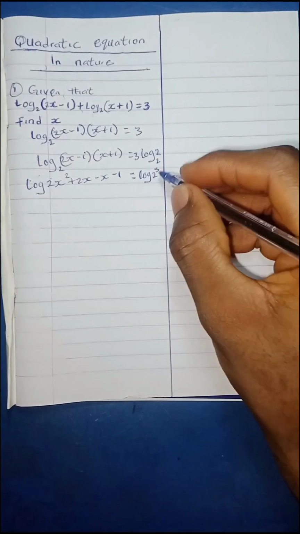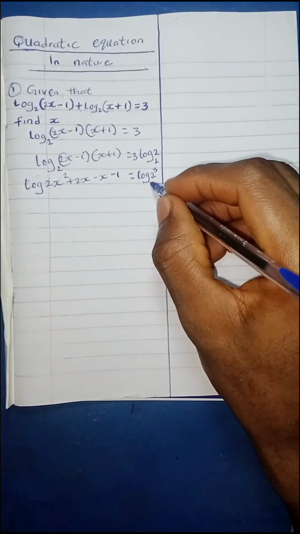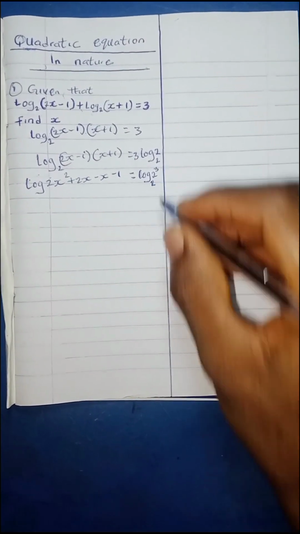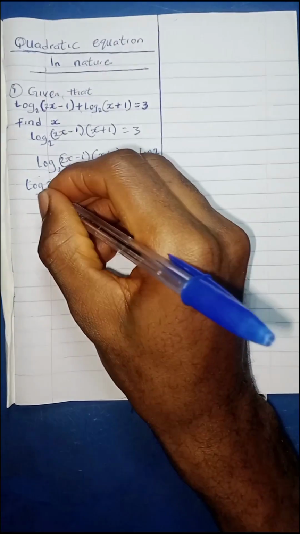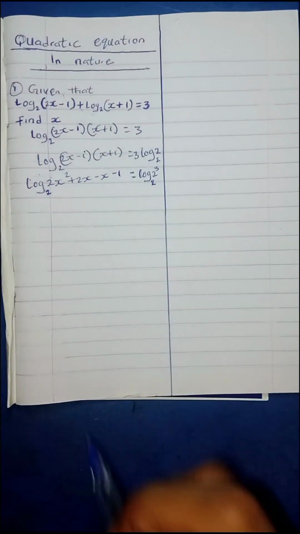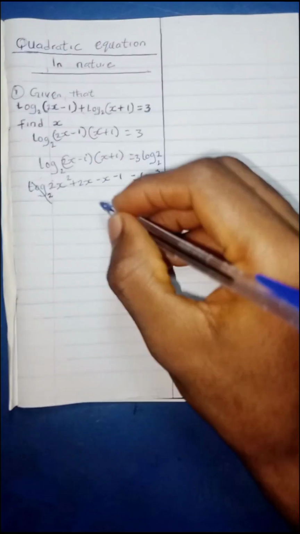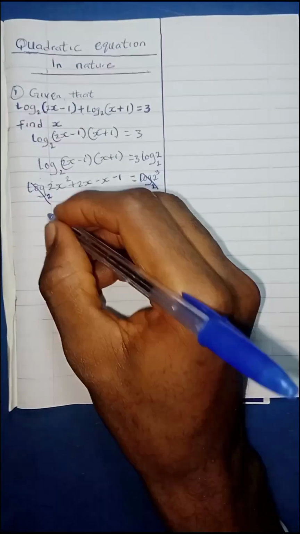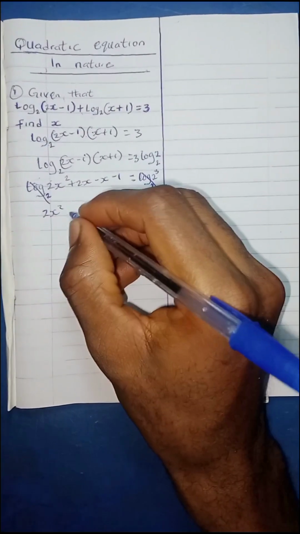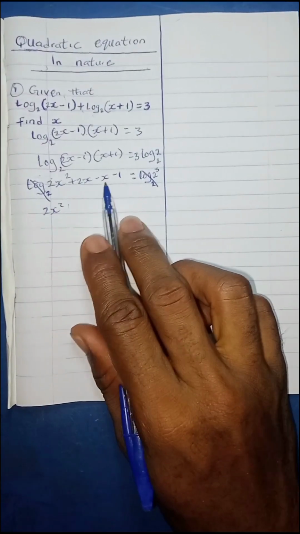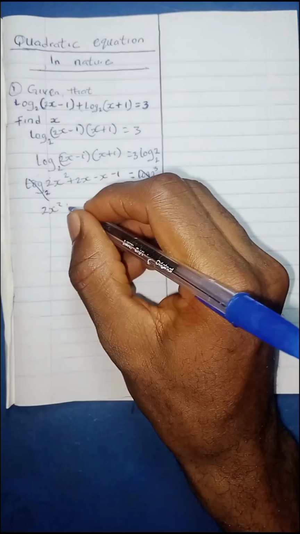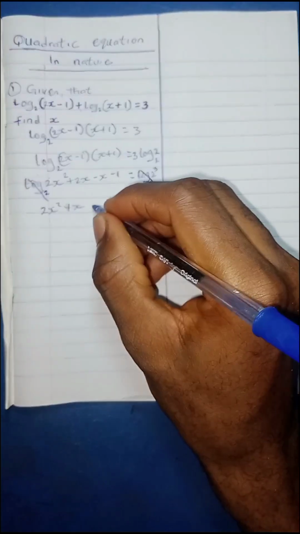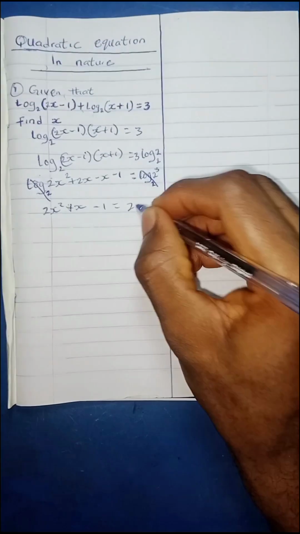So we'll be having 2 to the power 3, with log 2 in base 2 cancelling. So we are left with 2x squared plus 2x minus x, that gives plus x, minus 1 is equal to 2 raised to the power 3.